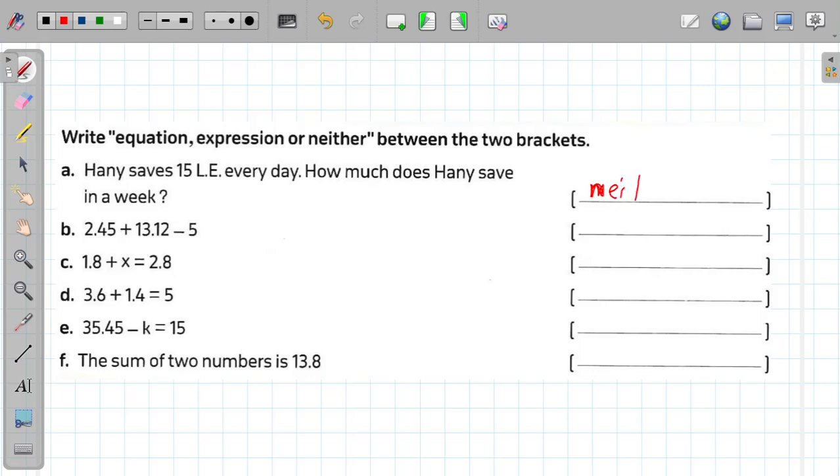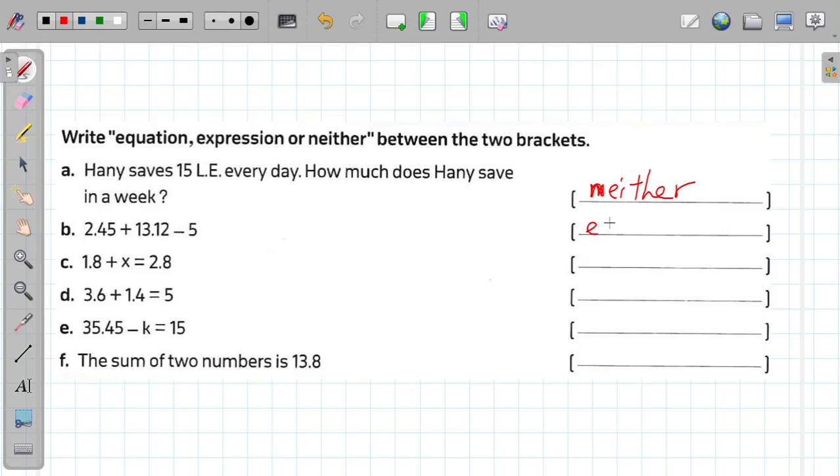Okay, so let's see the second one. I have here 2.45 plus 13.12 minus 1 minus 5. I don't have an equal sign. This is a mathematical sentence, but I don't have an equal sign, so I can call it an expression.